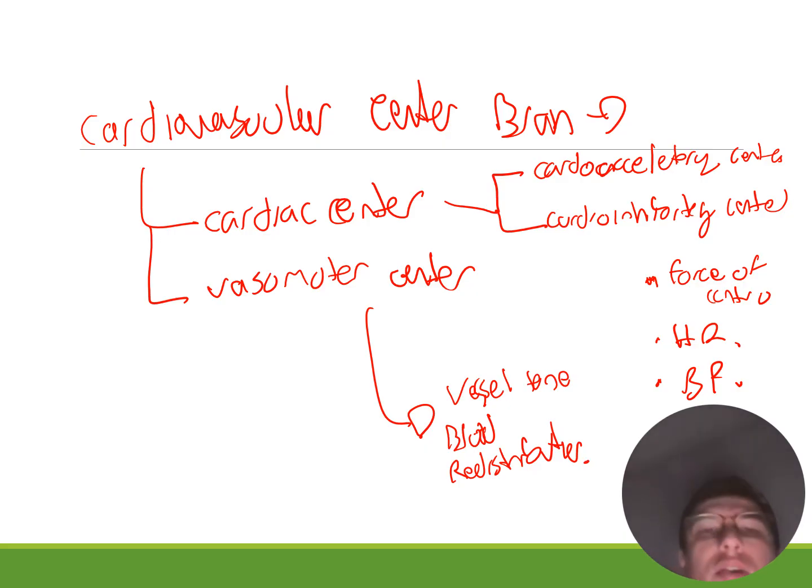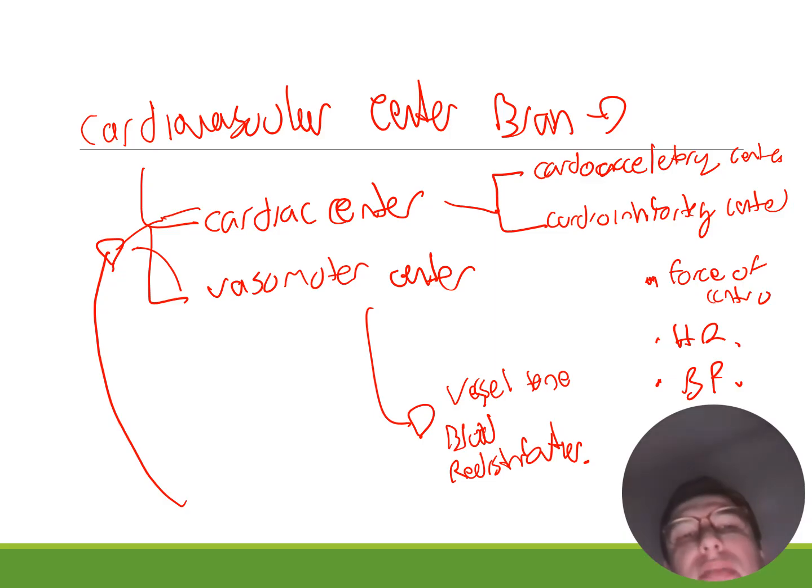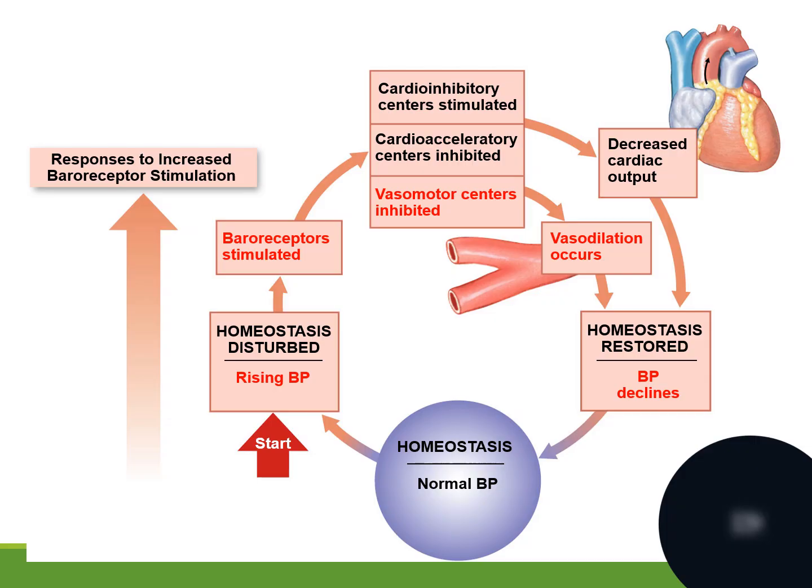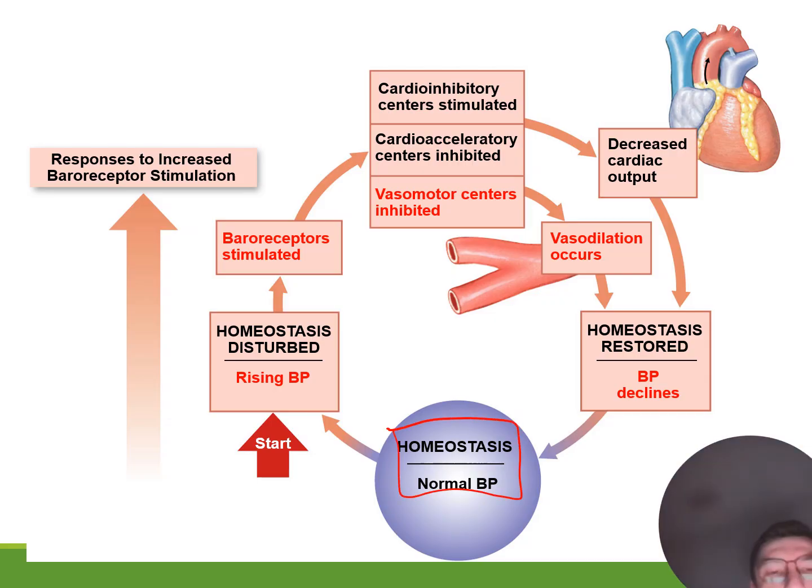All right, so whenever we're trying to increase or decrease blood pressure, we're going to send signals to the cardiovascular center, and we're going to have different effects from each one of these, the cardiac center or the vasomotor center. So here we talk about a state of homeostasis with normal blood pressure.